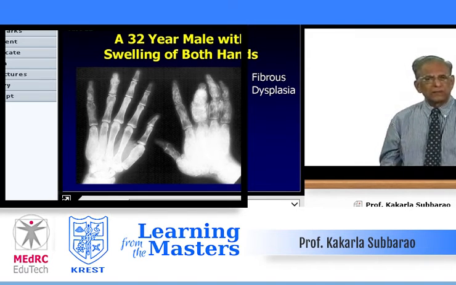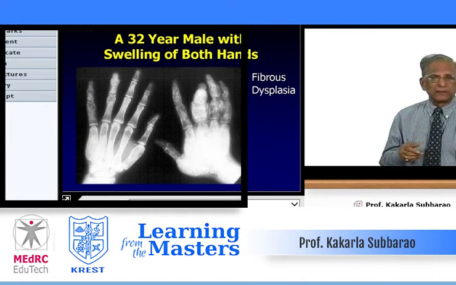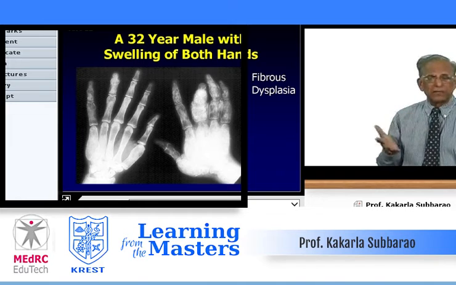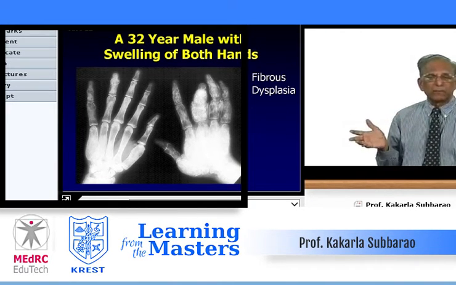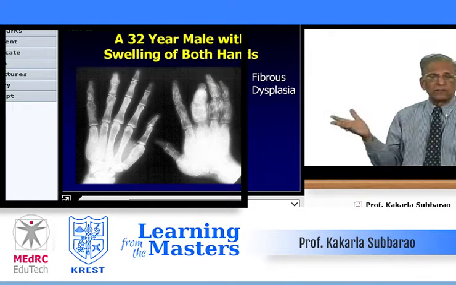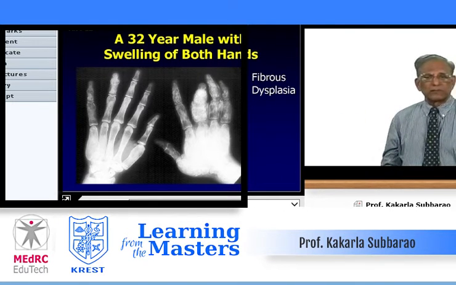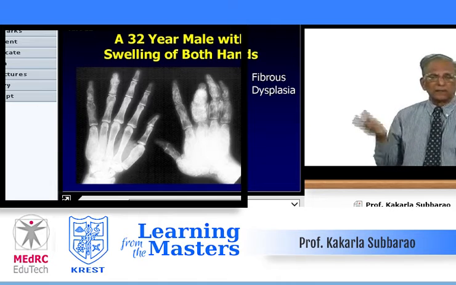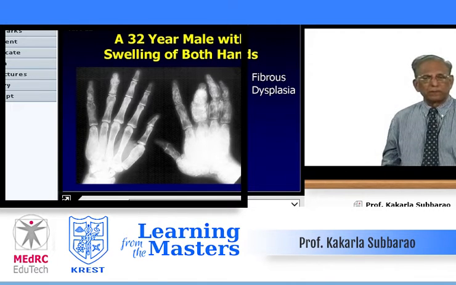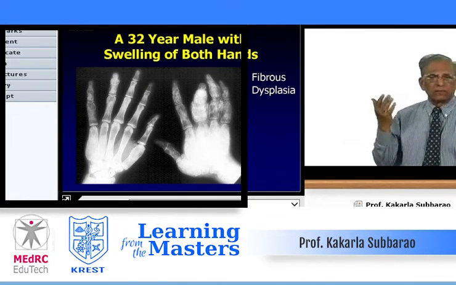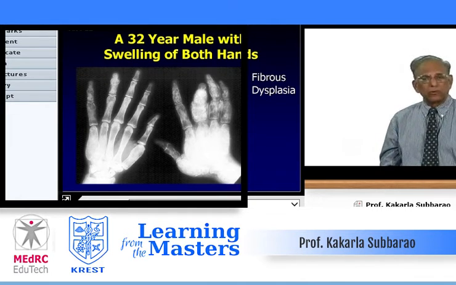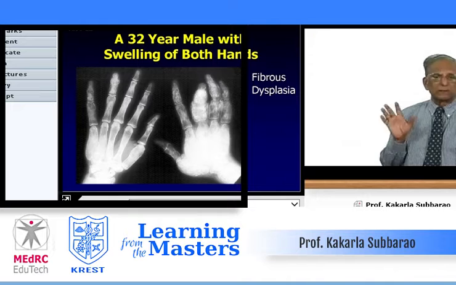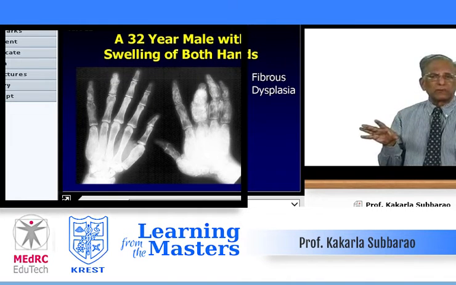Fibrous dysplasia is a developmental abnormality with fibrous aberration in the development of the bone. And there are 3 varieties. Monostotic; obviously this is polyostotic fibrous dysplasia. In these cases, you may do a skeletal survey and find several bones, from head to foot, being involved. In monoosseous fibrous dysplasia, only one bone may be involved.